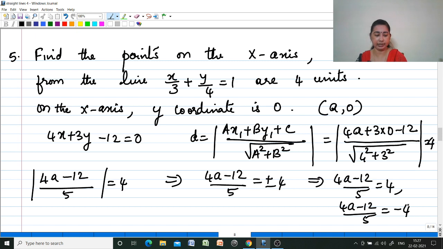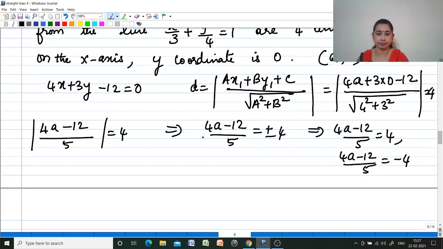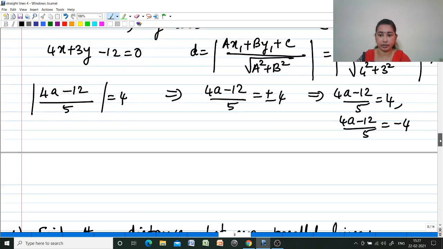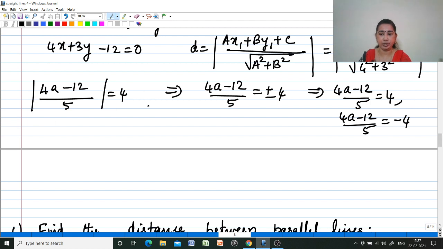We will get two values. What are the values of a? From the first one, 4a is equal to 20 plus 12, that is 32. Therefore a is equal to 8.